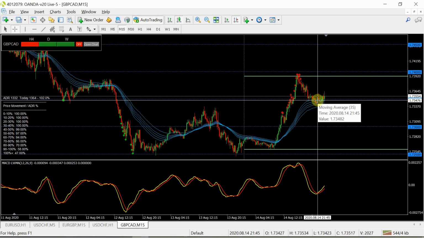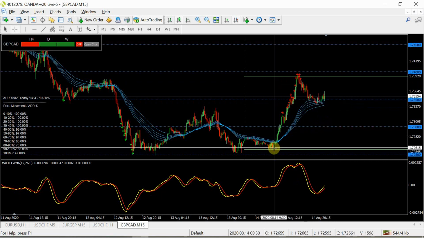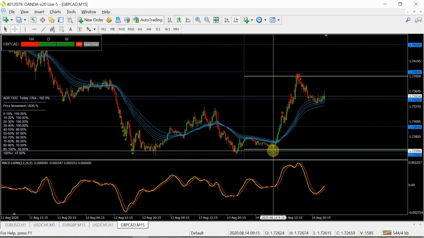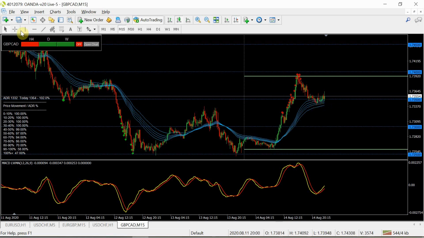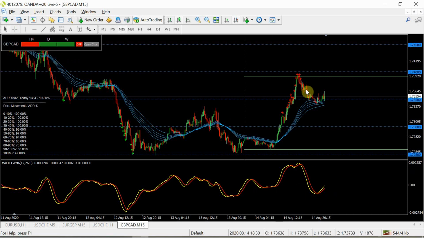I don't want to go into advanced levels here, but you do have hidden bullish divergence, and price is making lower highs and the MACD is making lower lows, which indicates price can potentially go back up to the upside.